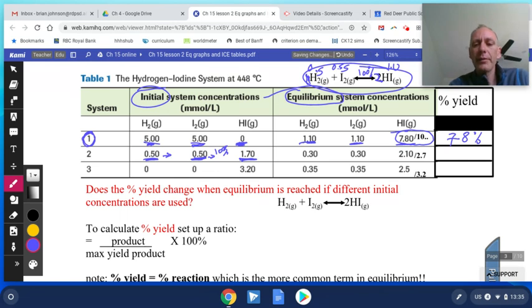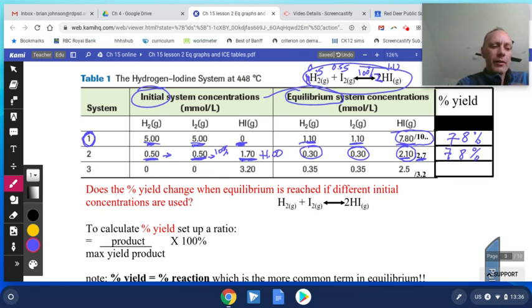So that means our maximum total is 1.7 plus 1 more, which gives us 2.7. So when this thing ran and reached equilibrium, we used up some of the reactant, but not all of it, and we made a little more product. So we went from 1.7 to 2.1 out of a possible 2.7. You plug that into your calculator to get the percent yield, 2.1 out of 2.7, and wow, 78%.